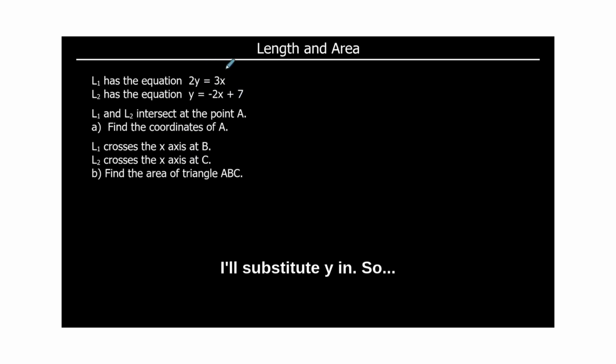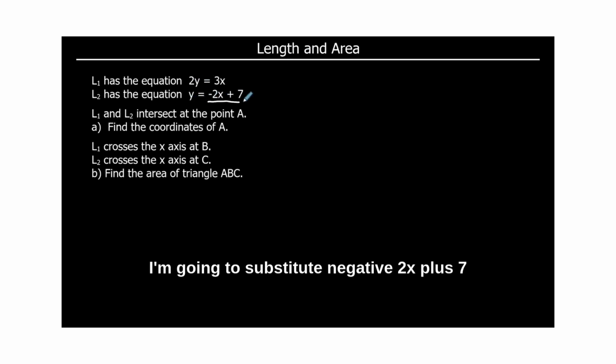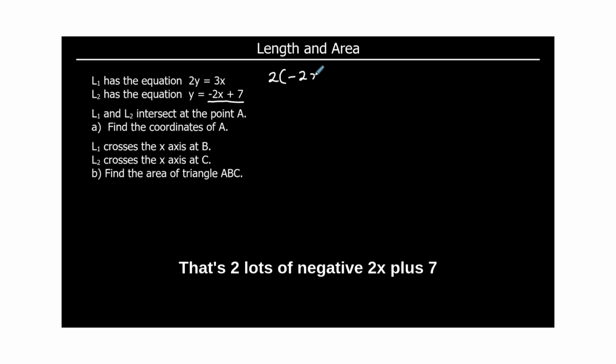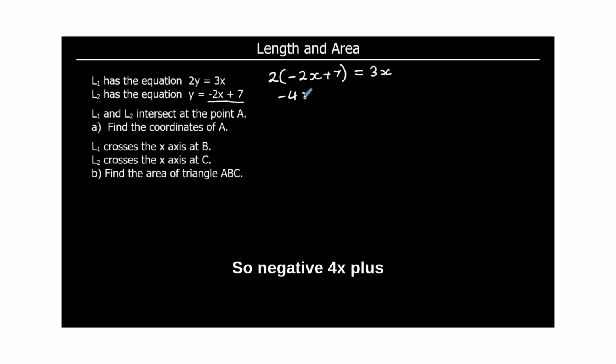I'll substitute y in. I'm going to substitute negative 2x plus 7 in for y in the first equation. That's 2 lots of negative 2x plus 7 equals 3x. So negative 4x plus 14 equals 3x.